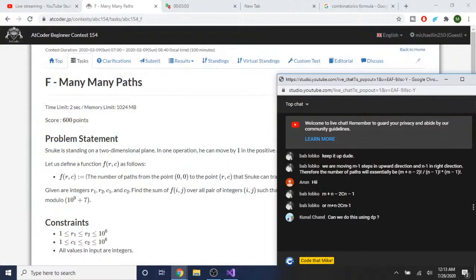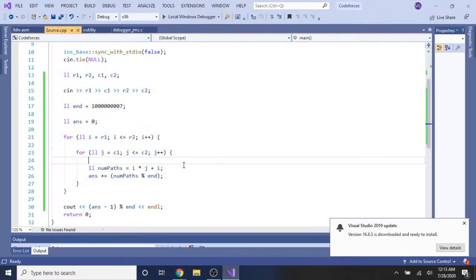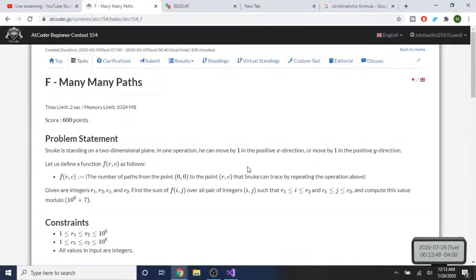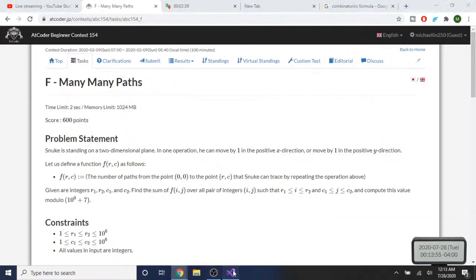So m plus n minus 2 choose n minus 1. Okay, I'll try that. I could actually try that using that formula. Some of the guys in the chat said to use this formula.